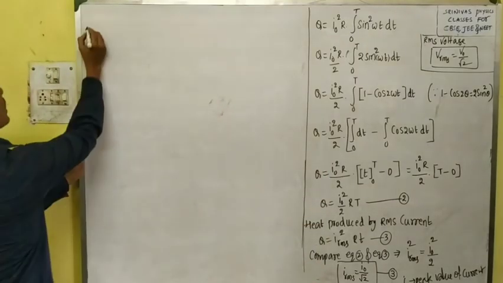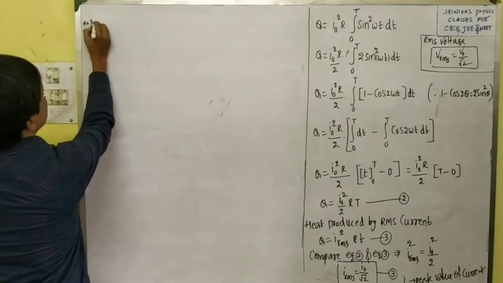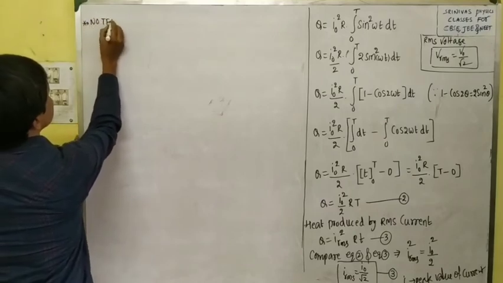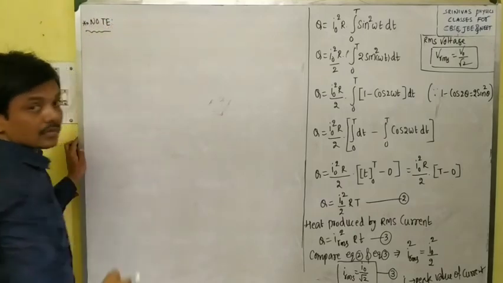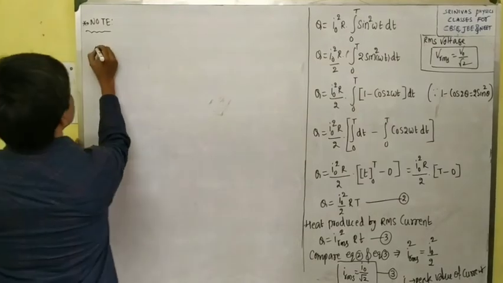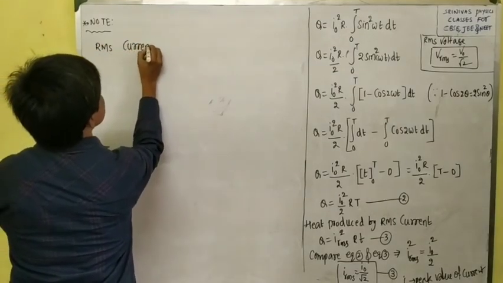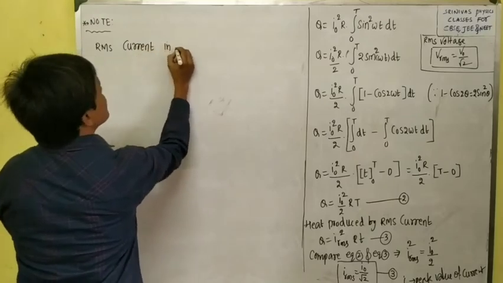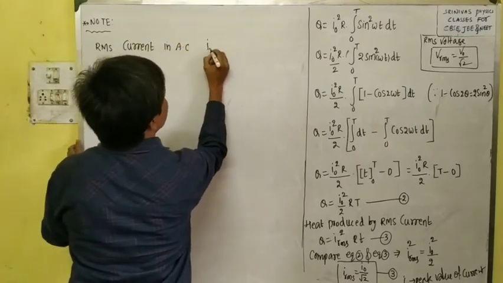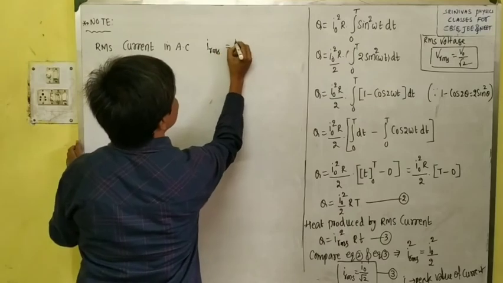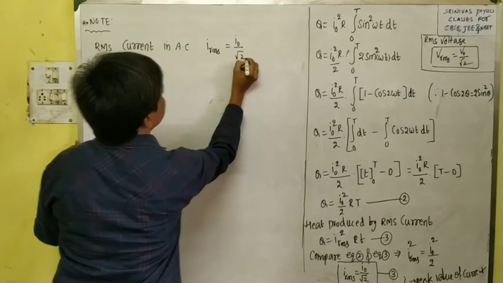Here we got RMS current. Note some important points I am going to give. RMS current formula in AC: IRMS is equal to I naught by root 2.